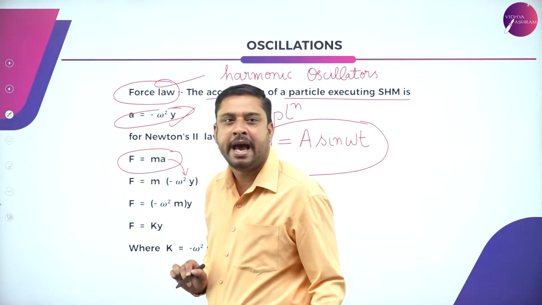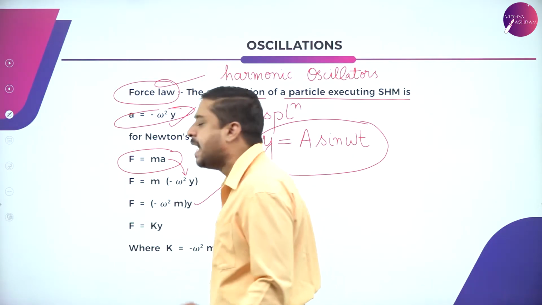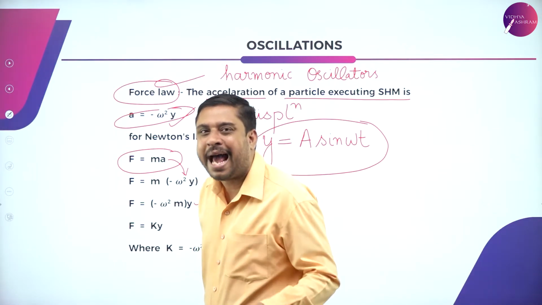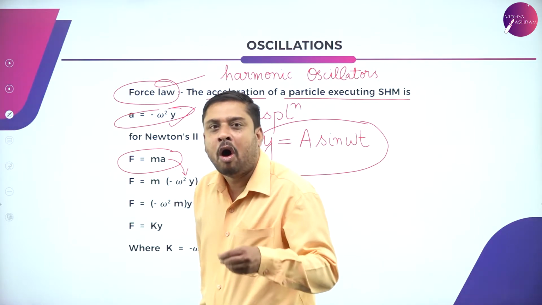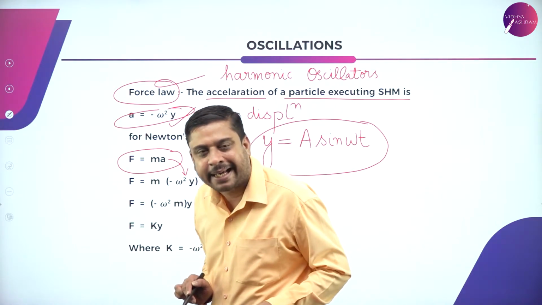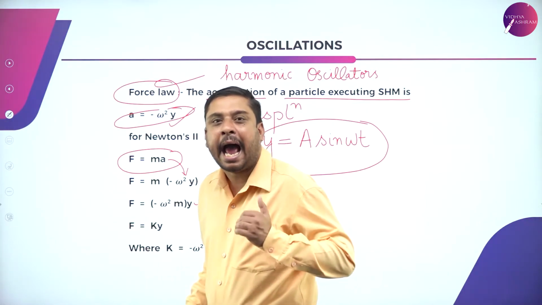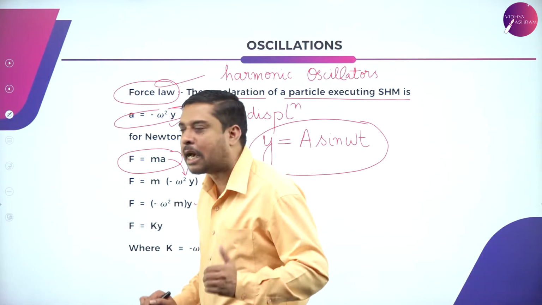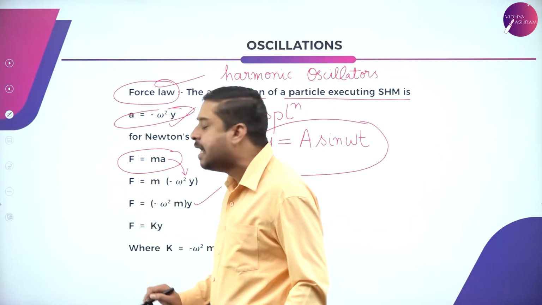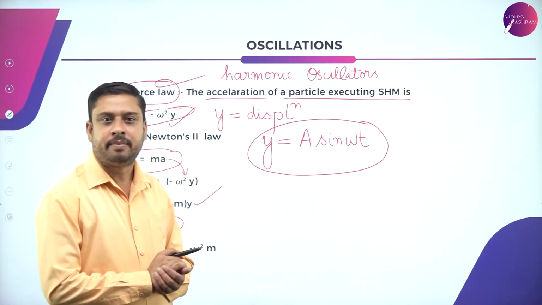So I have manipulated the expression, bringing all constants into one bracket and the other term separate. Therefore, F equals K into y.